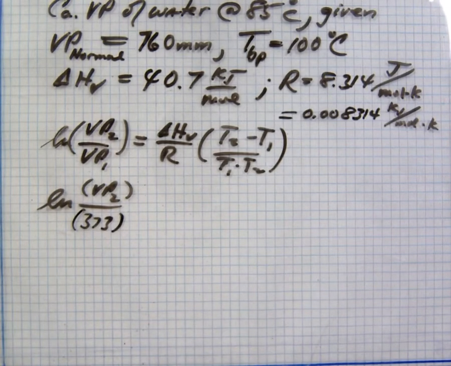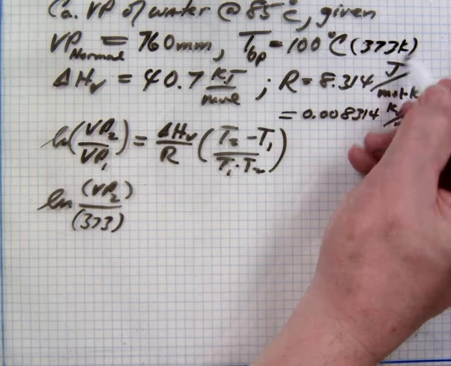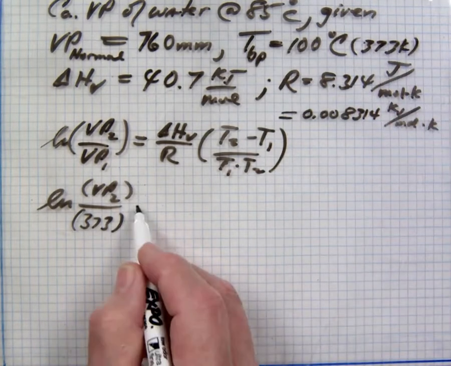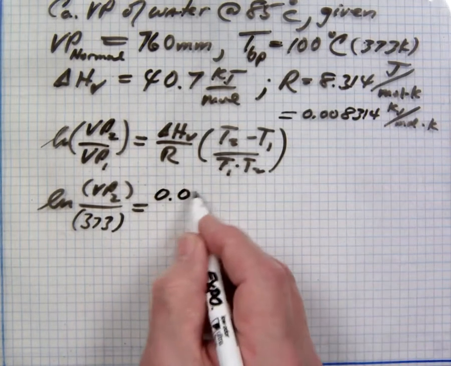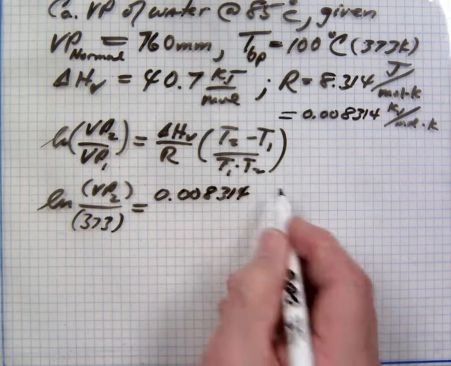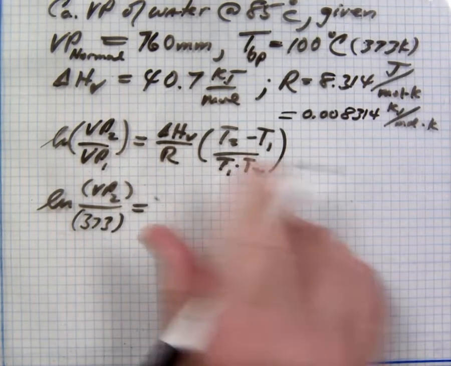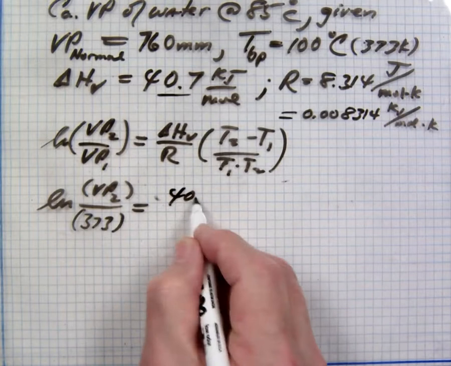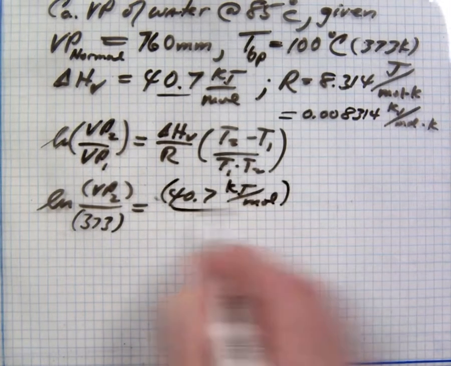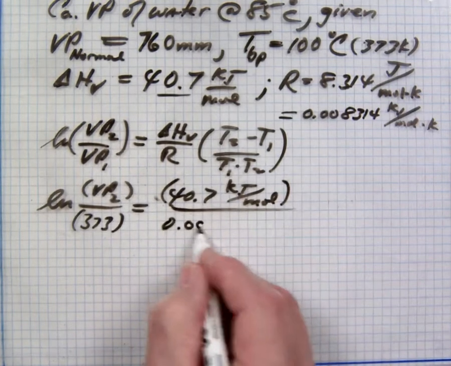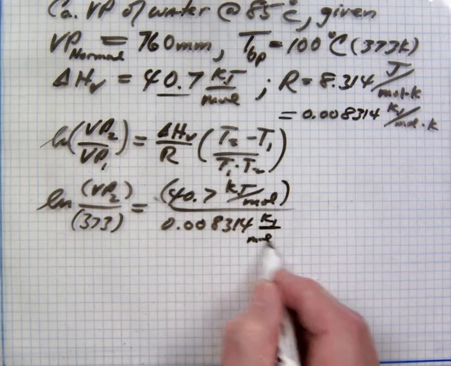Does everybody follow that? That equals the heat of vaporization, 40.7 kilojoules per mole, over the 0.008314 kilojoules per mole Kelvin.